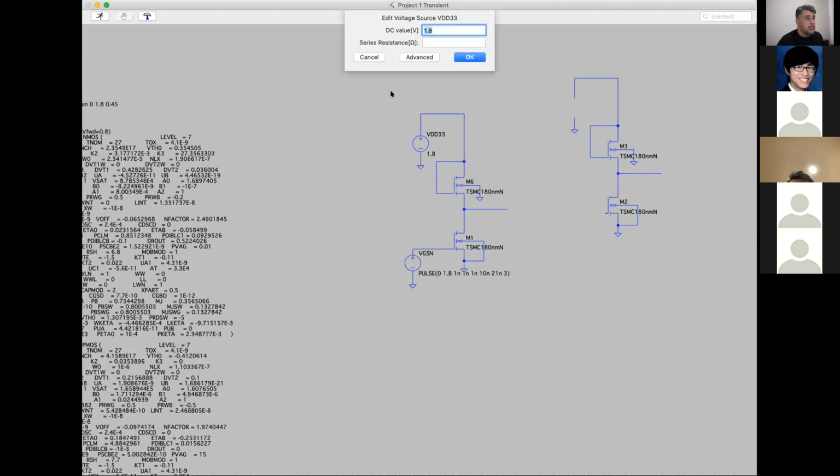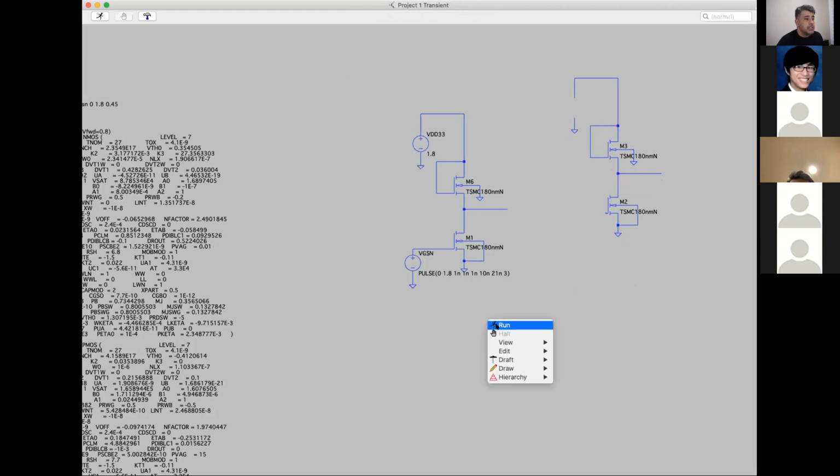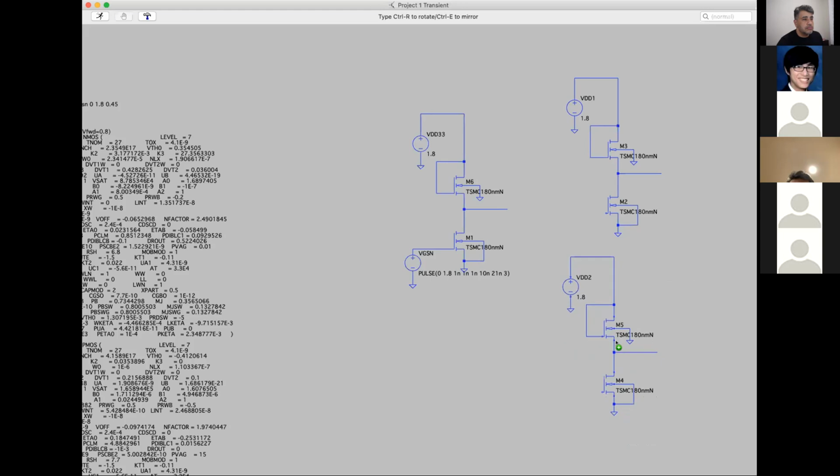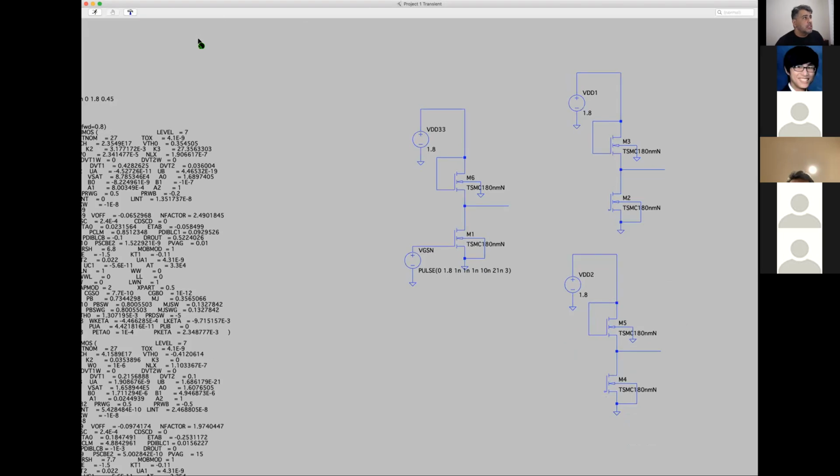Still simulating. Not the most user-friendly.